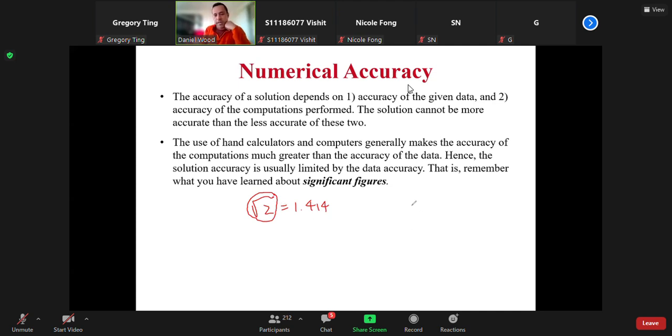Now, this is in particular where you have a triangle with sides 2, 1, and root 3.